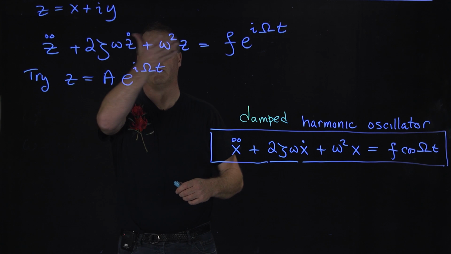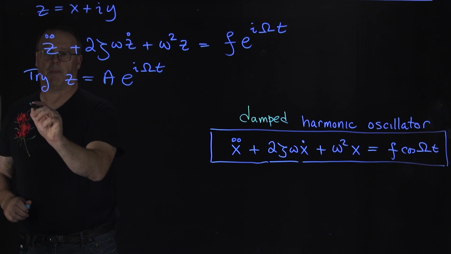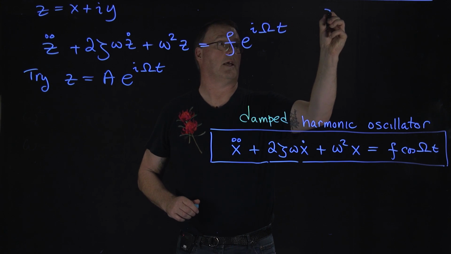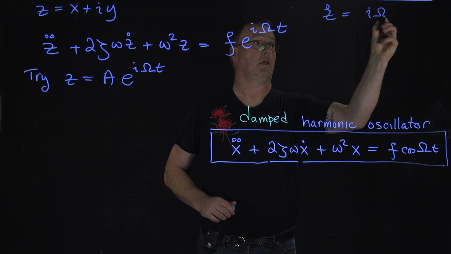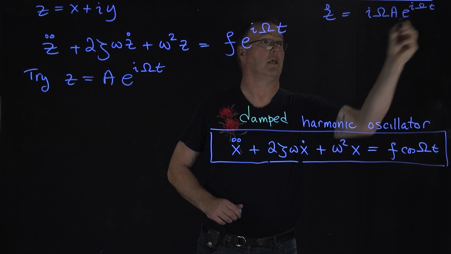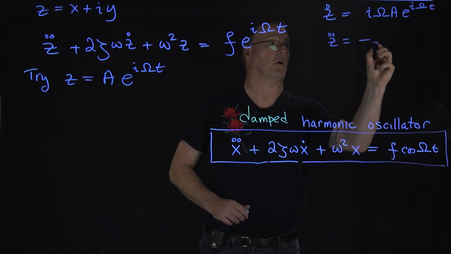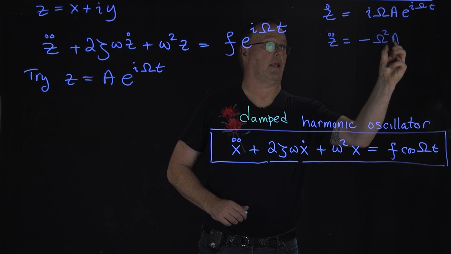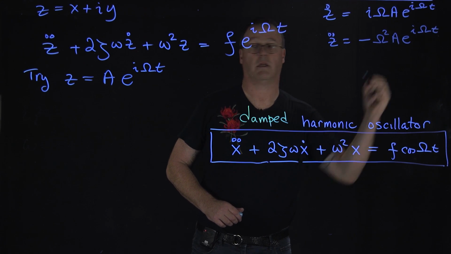We substitute it into this equation, and you see what we get. z dot will be i omega A e to the i omega t, and z double dot will be minus omega squared A e to the i omega t.